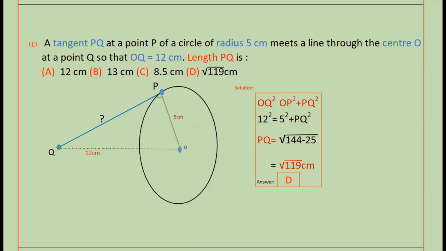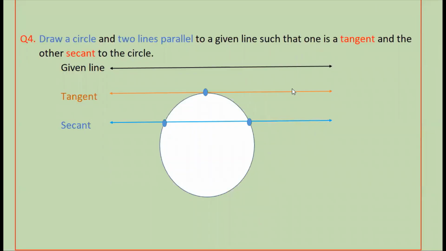This is the last question. Draw a circle and two lines parallel to a given line such that one is a tangent and the other a secant to the circle. For example, this is a circle and this is the given line. We have to draw two lines which are parallel to the given line. One is a tangent.